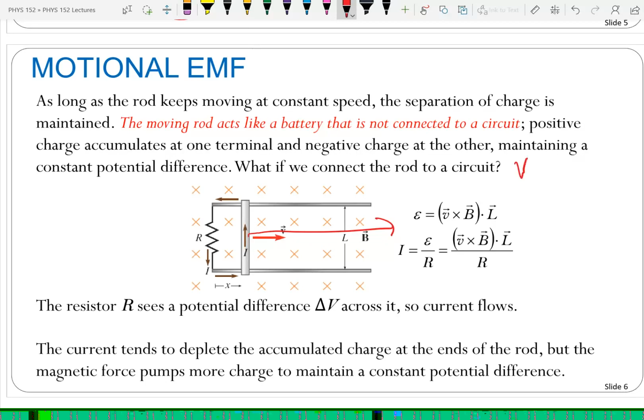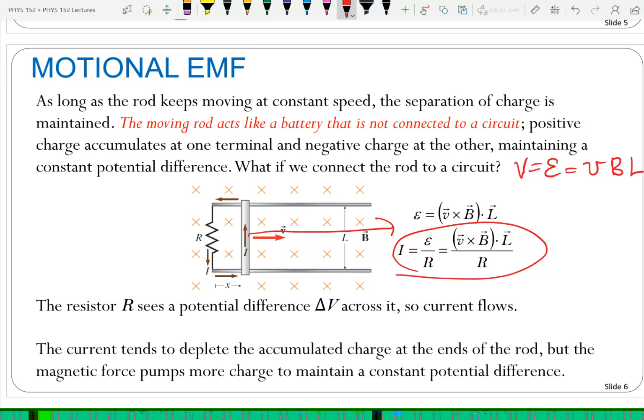So if your voltage, or EMF, is equal to speed times magnetic field times the length of the rod, then the current is speed times magnetic field times the length of the rod divided by resistance, as shown here. So that resistor could be whatever the resistance is in my iPhone.